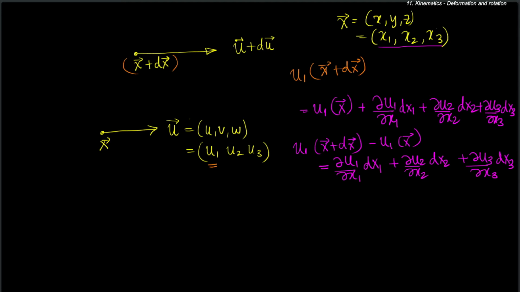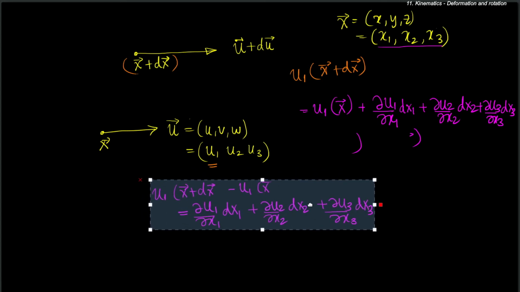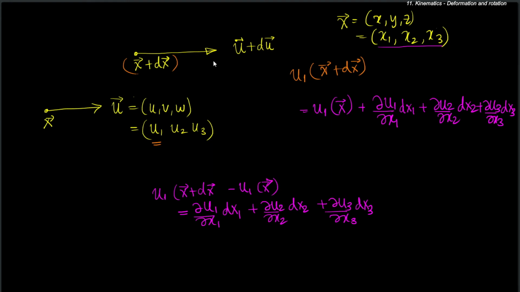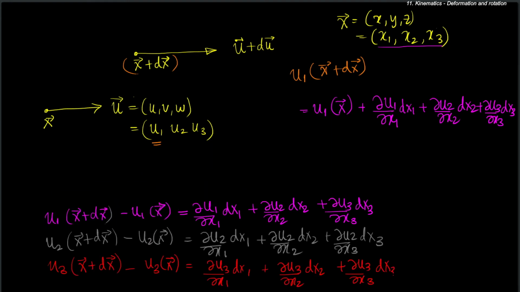Now let me just take these expressions, let me just write it over here. So these three can be summarized in the following manner. So these are essentially du1, du2 and du3, because we have written it in this particular format.